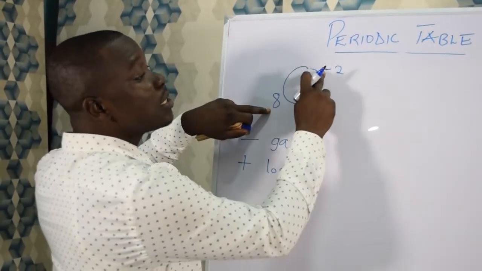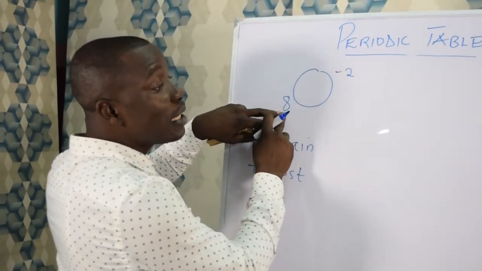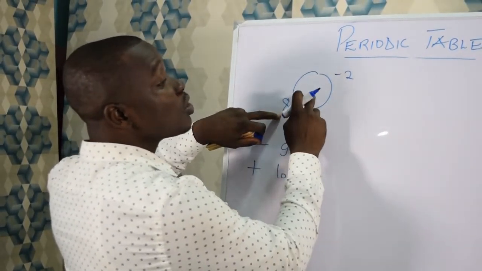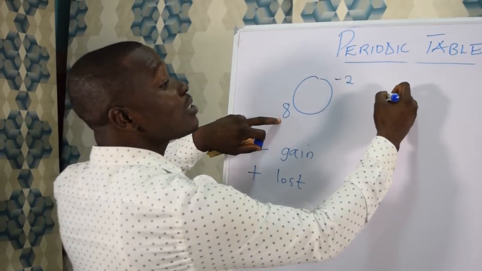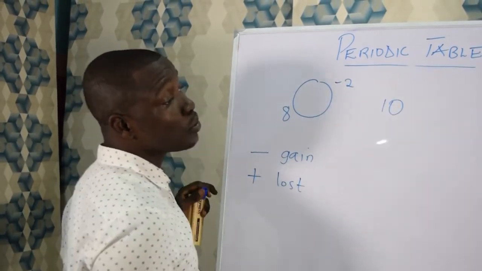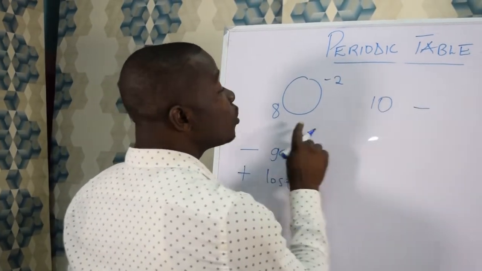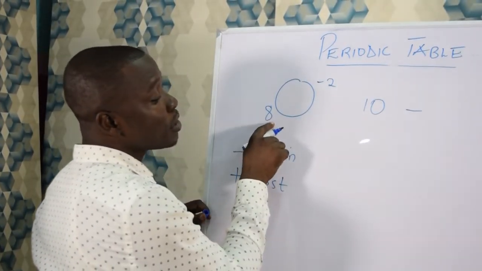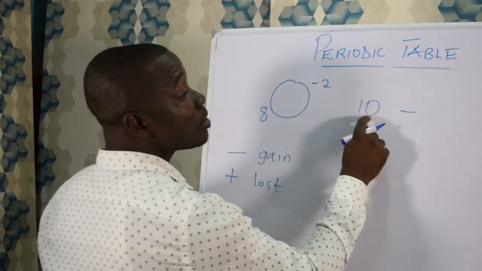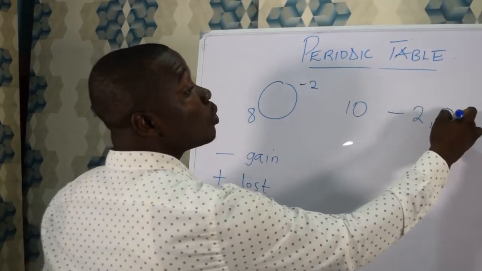But negative 2 means it gained 2. So this oxygen that we are talking about has 10 electrons. If I ask you to give me the electron configuration of this, you don't write it based on this 8, but you write it based on the 10. So it becomes 2, 8.